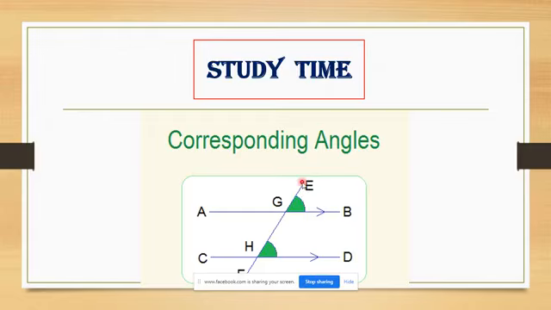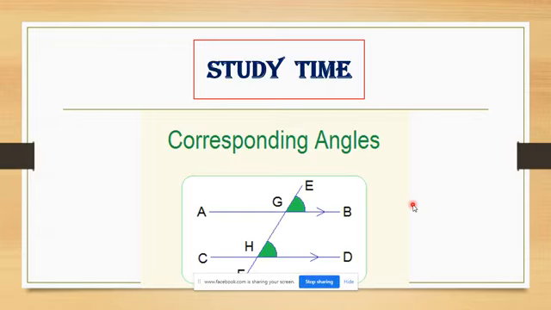The transversal is intersecting line AB at point G, and line EF, the transversal, is intersecting line CD at point H. So we will read angle EGB, which is shown in green color. Angle EGB and angle GHD will be corresponding angles. This is one pair. Now you tell another pair.